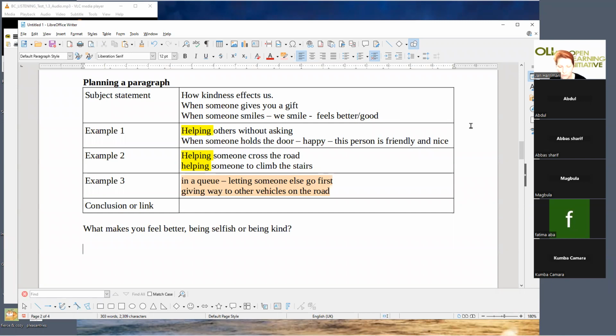There's different ways that we can start things. We could say some people think it is good to be kind. Actually, that's kind of silly. Most people think it is good to be kind.